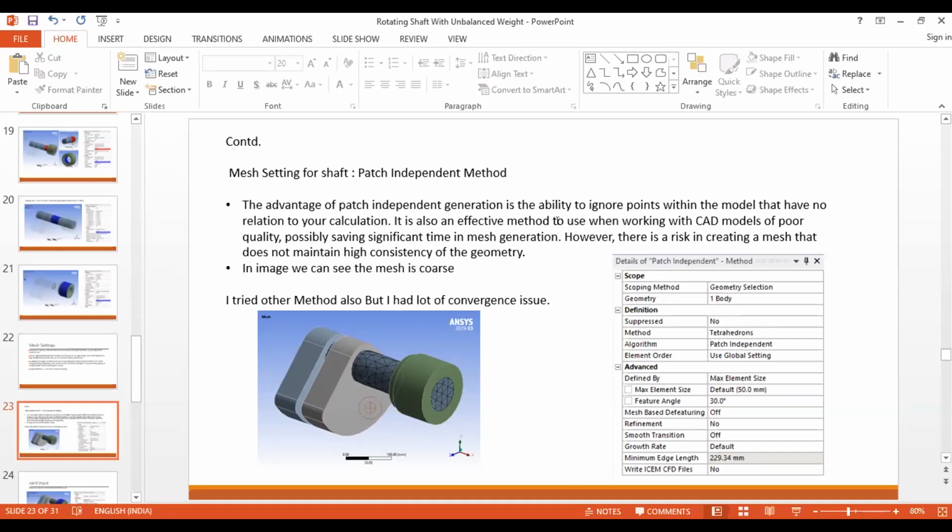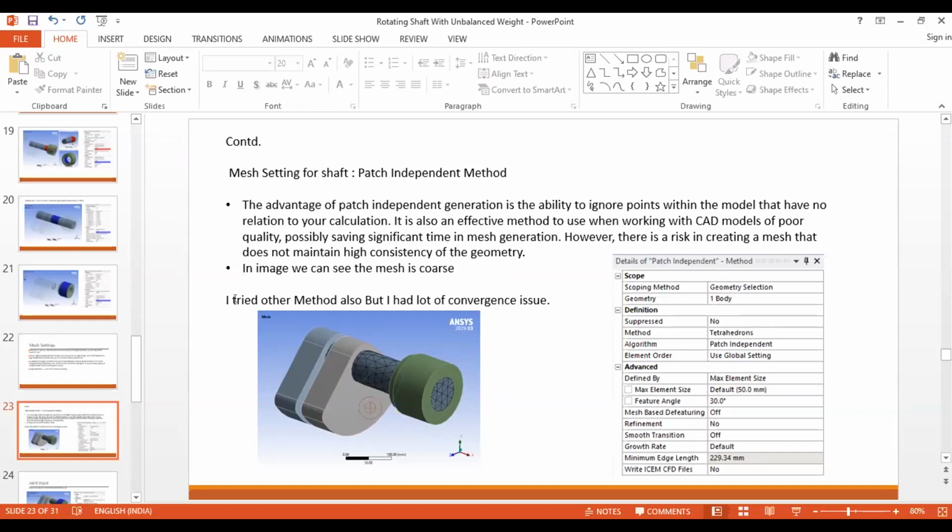And because we are using a very coarse mesh in this, obviously our CAD model has poor quality. So this is the best mesh method if you are stuck with a convergence issue.